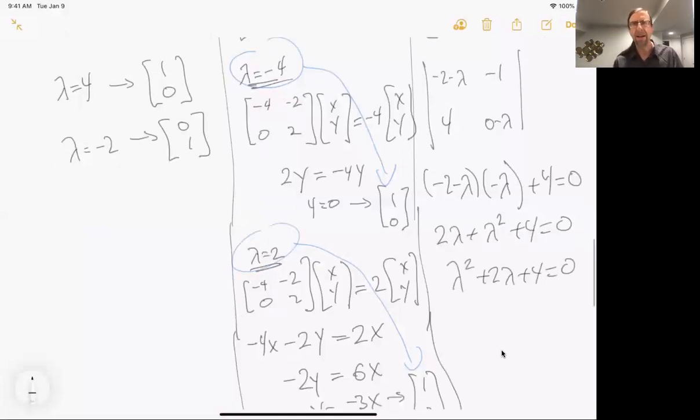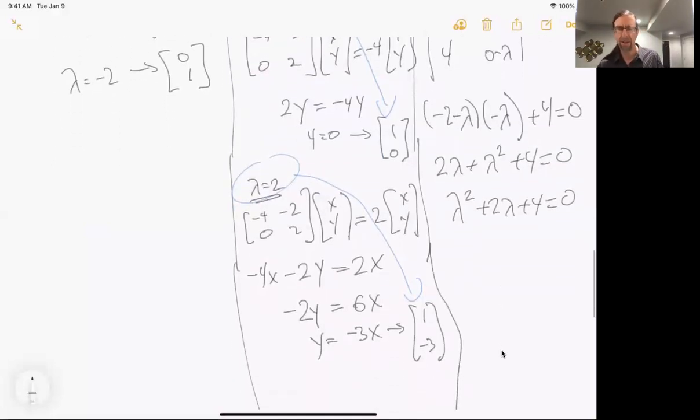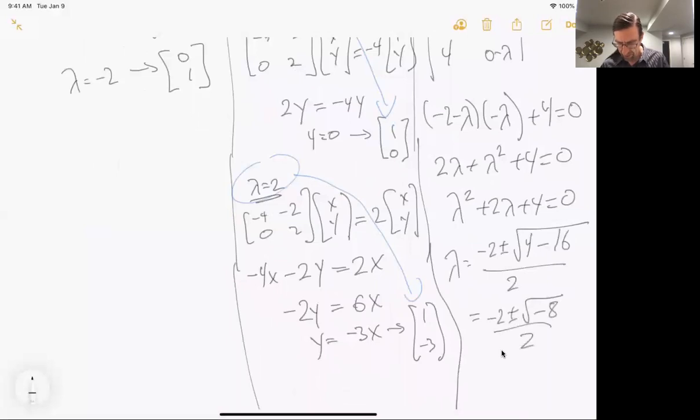I don't think that factors, so let's go ahead and jump right into the quadratic formula. That gives us lambda equals minus 2 plus or minus the square root of b squared, that's 4, minus 16, all over 2a. Minus 2 plus or minus the square root of minus 8 over 2.